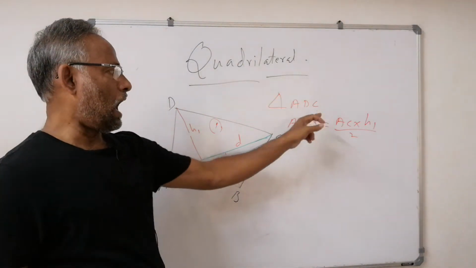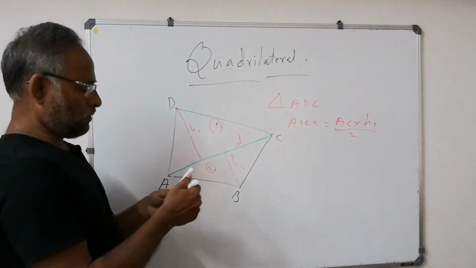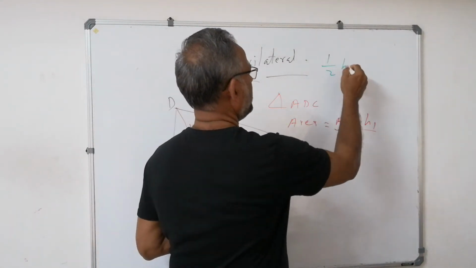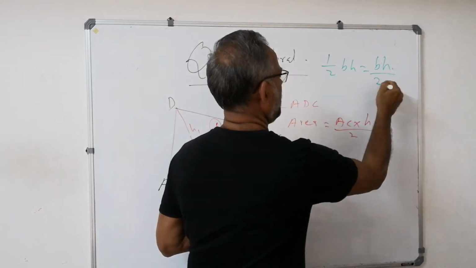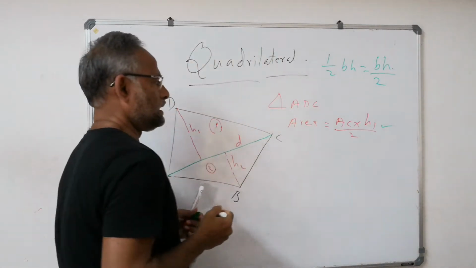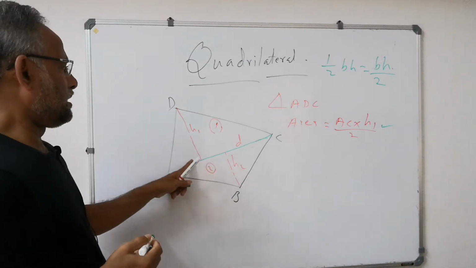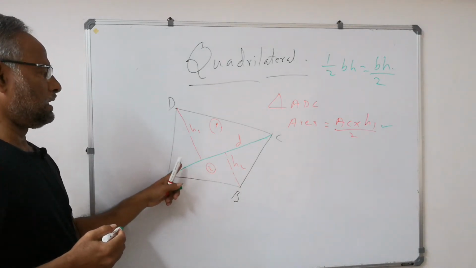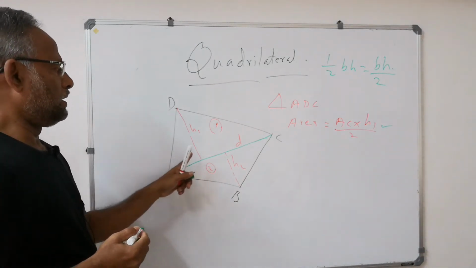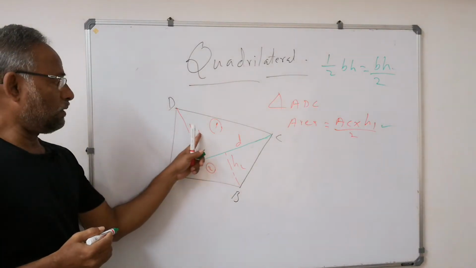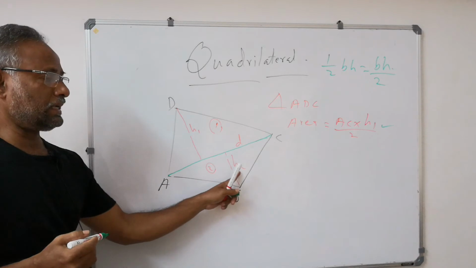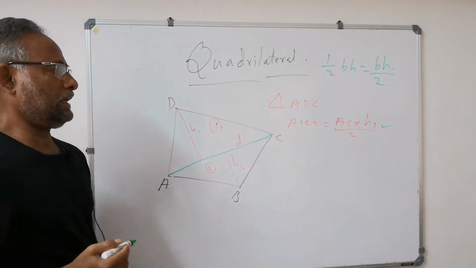That means half BH. Are you remembering the formula? Half BH or BH by 2. So AC, that means this is the base. I am taking it outside the triangle, base into height, h1. You know why h1? Here one height is there, here another height is there, h2 I am taking.